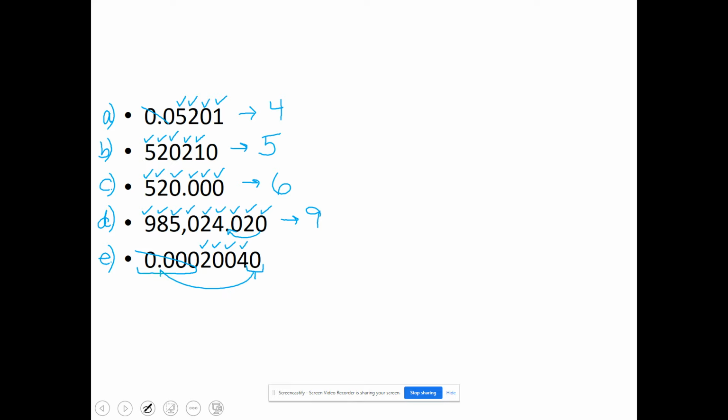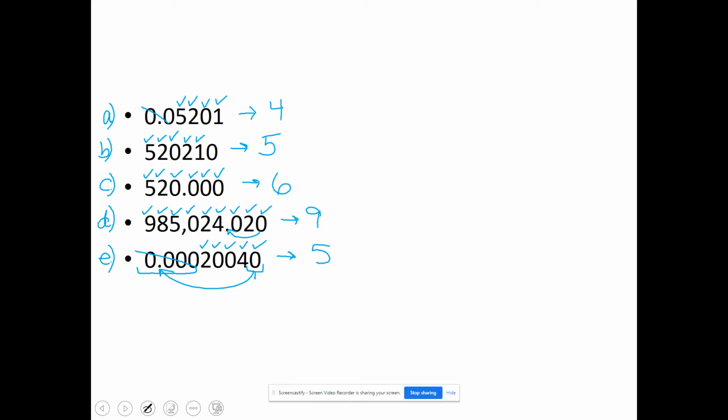If it has a decimal, the 0 counts. So ending zeros count with a decimal. So 1, 2, 3, 4, 5. So that one has 5. Right? So those should be your answers: 4, 5, 6, 9, 5. So hopefully we're not too bad.